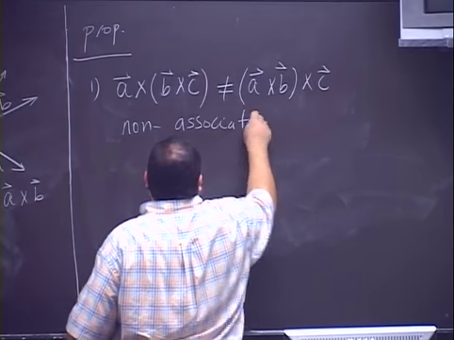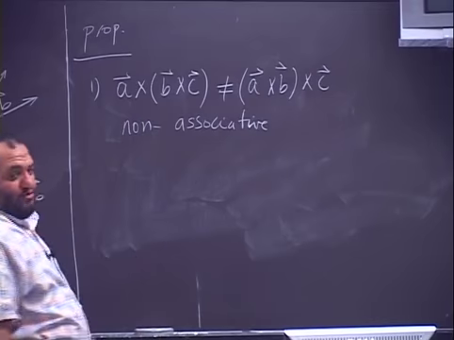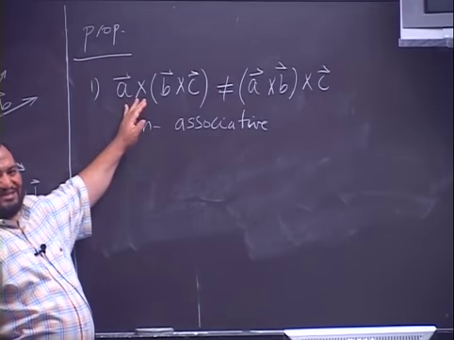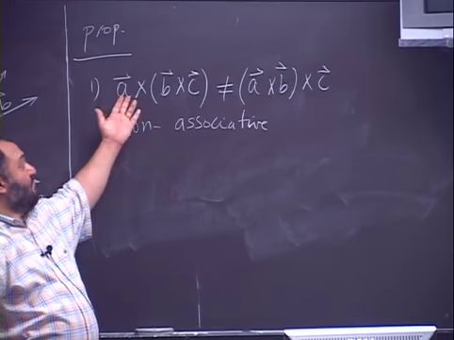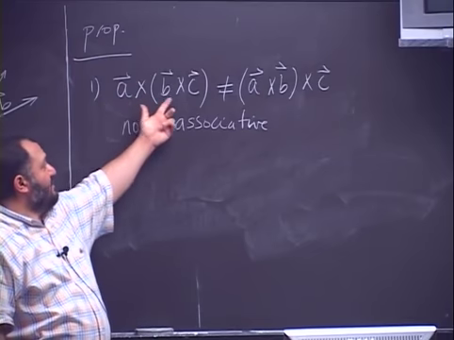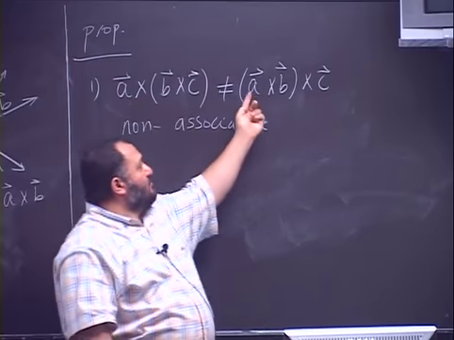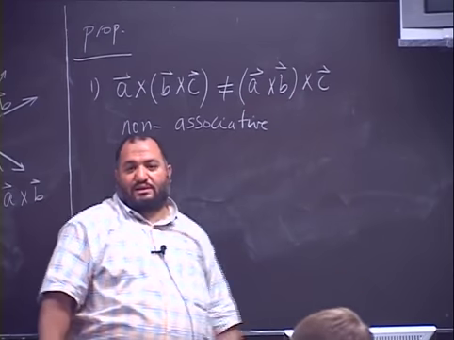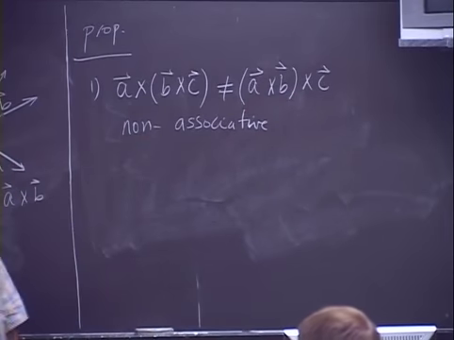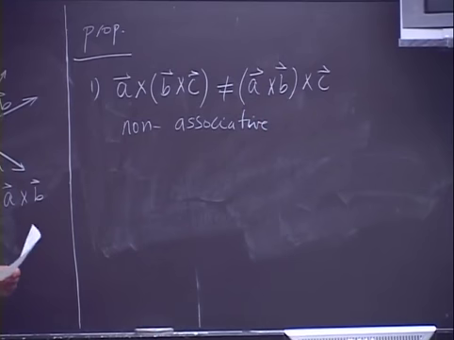Non-associative. For the scalar triple product, if we have A dot B cross C, it will be equal to A cross B dotted with C. But this is no longer hold here. For the triple product, no longer hold.